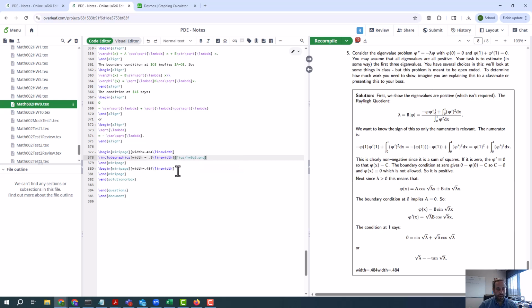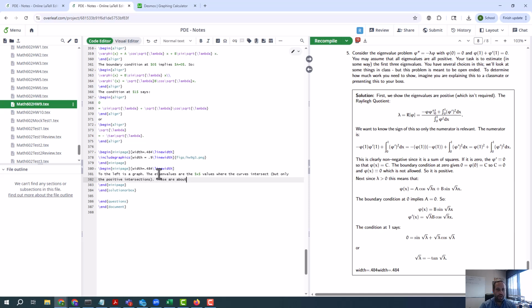Okay, so to the left is a graph. The eigenvalues are the x values where the curves intersect, but only the positive intersections.